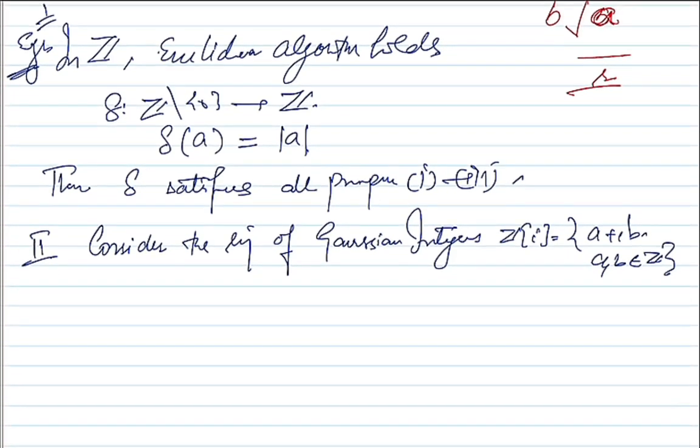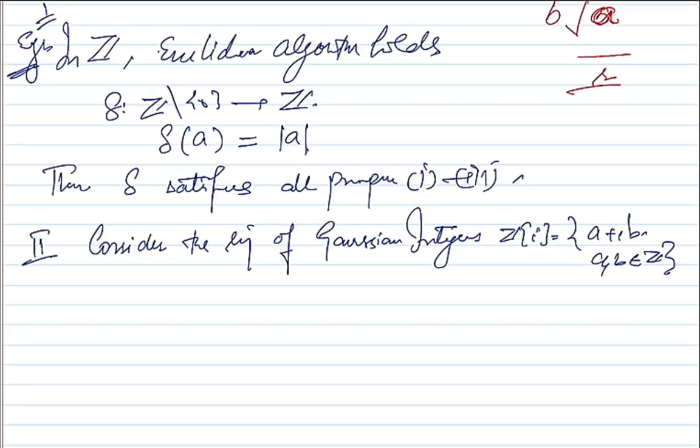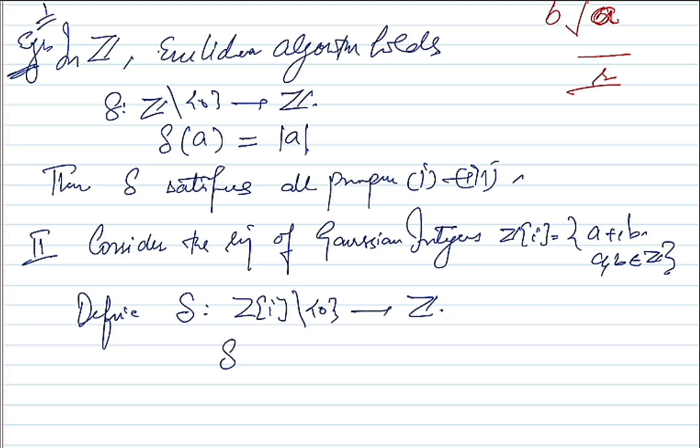So let us see whether we can find some delta here. So define delta from Z[iota] minus 0 to integers. How do you define it? So delta of a plus iota b, it is like mod, so it is square root of a square plus b square.